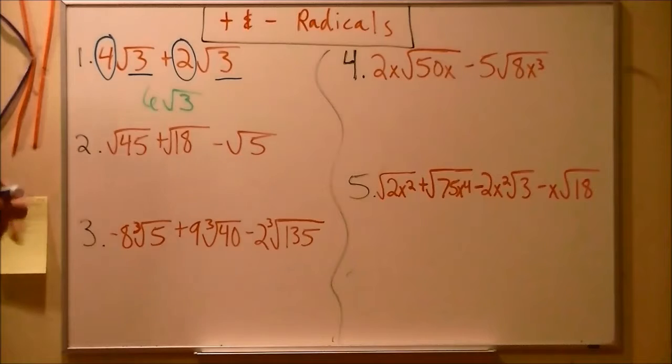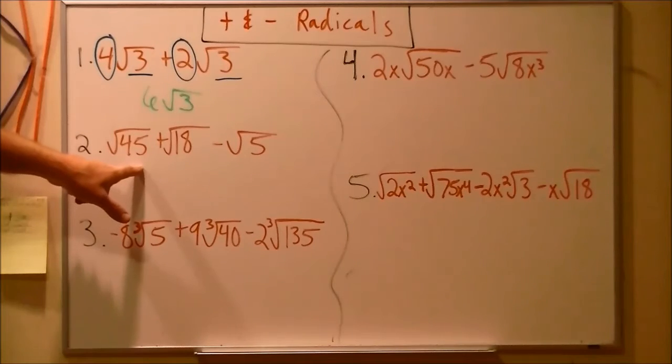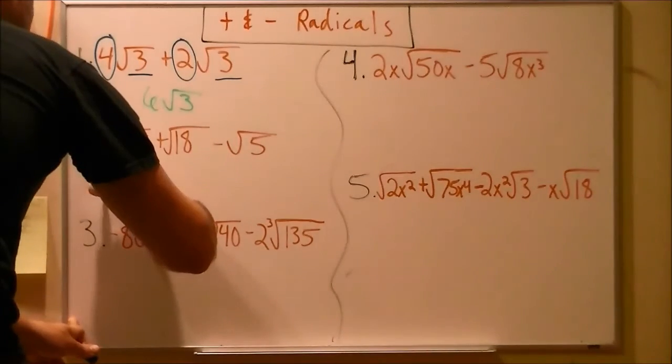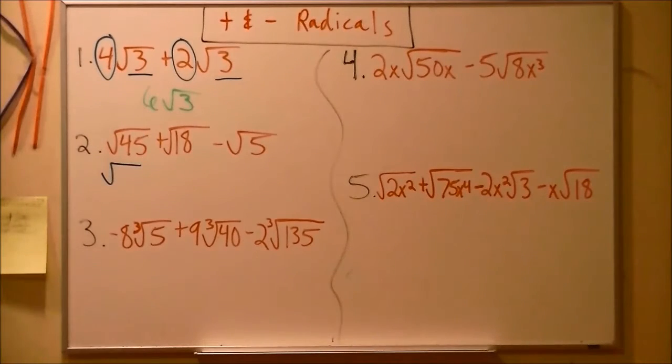And this first one, what I'm going to do is we're going to break down square root of 45 into its simplest expression. But to do that, I want to ask myself, is there a factor of 45 that is a perfect square of itself? Is there a factor of 45 that's a perfect square?